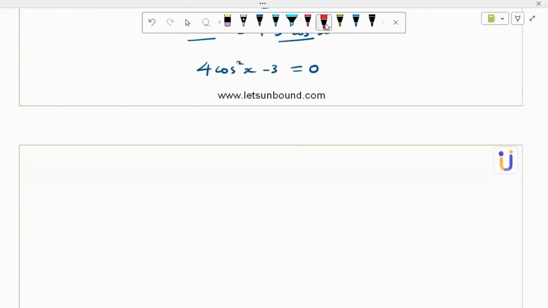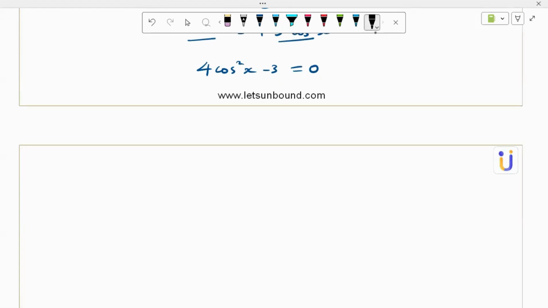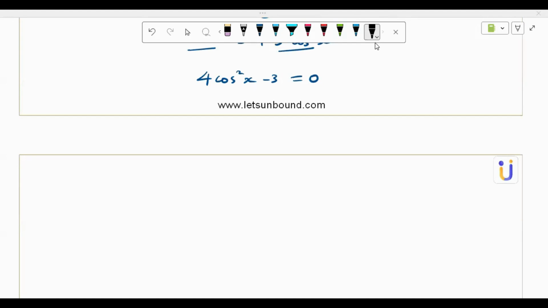We can simplify them, factorize them, or we can go with another trigonometric identity. Since it's a squared function, let me try to make it into a normal function like this. So factorization, I think that will hold.